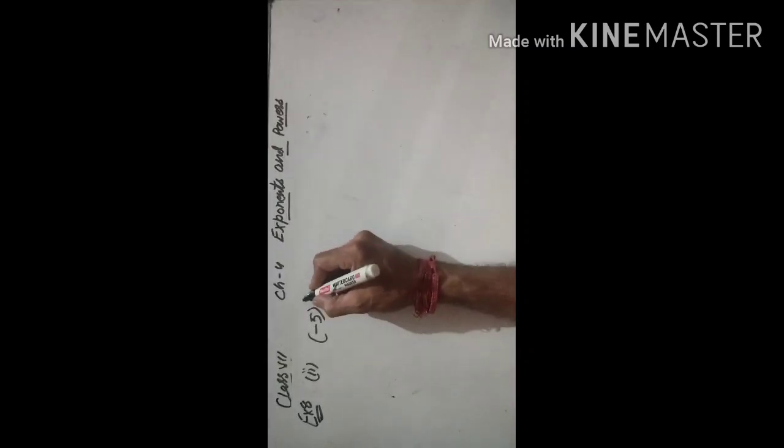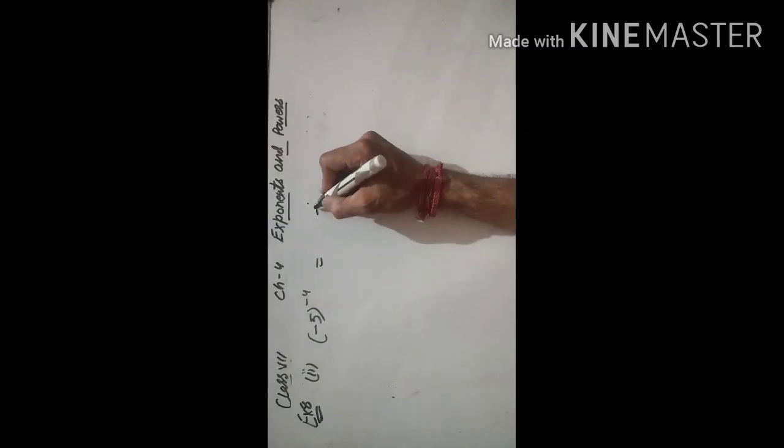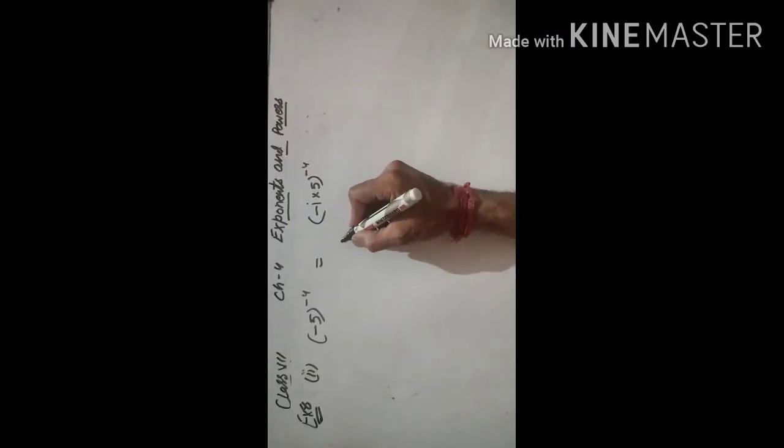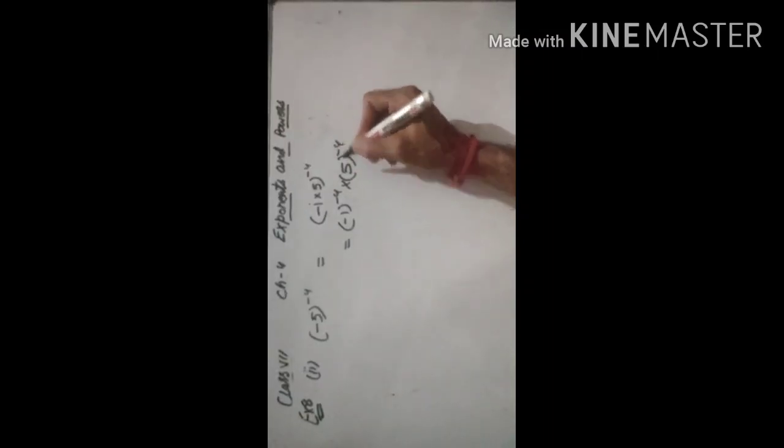Second part, minus 5 to the power minus 4. Now we know minus 1 into 5 to the power minus 4, that is (minus 1) to the power minus 4 into 5 to the power minus 4.